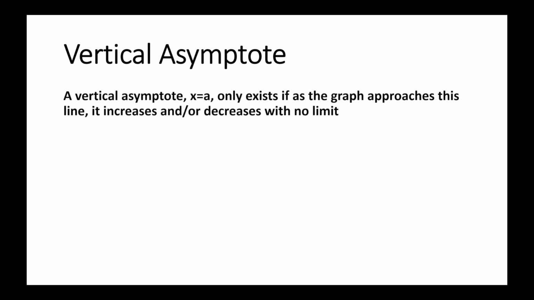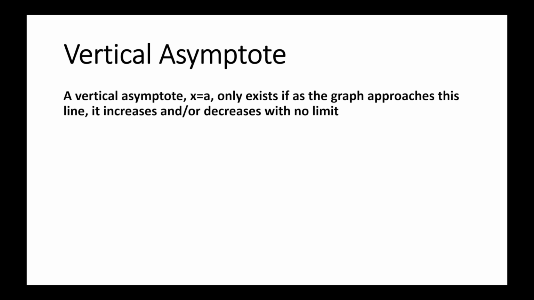Now, let's talk a little bit more about vertical asymptotes. How do we figure out what these are? Well, a vertical asymptote will have the equation x equals a, where a is some number, some whole number, maybe a fraction even, maybe a decimal. And it only exists if, as the graph approaches this line, it increases and or decreases, but with no limit.